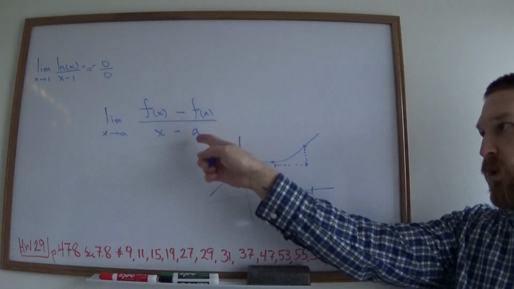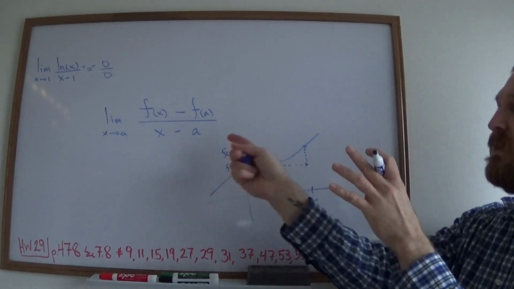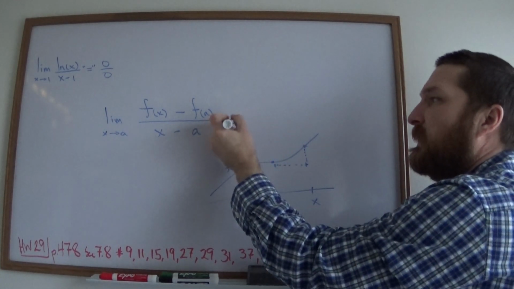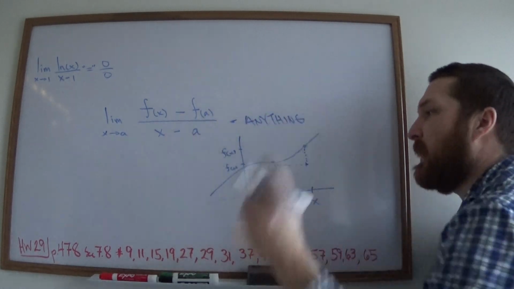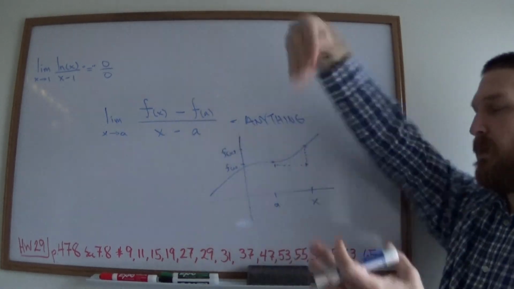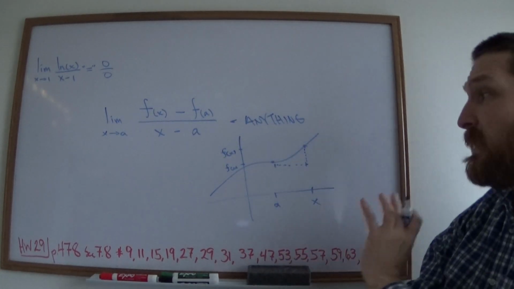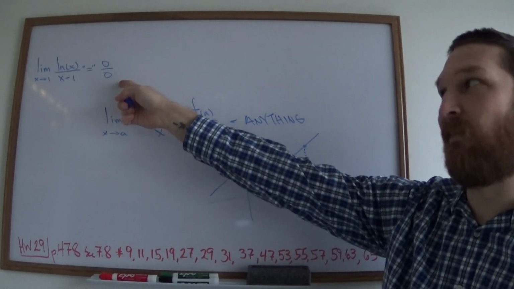But we've seen that the slope could be really anything. It might be infinite, it might be 0, it might be negative infinity, or it could be any real number in between. So this really doesn't tell us much of anything.